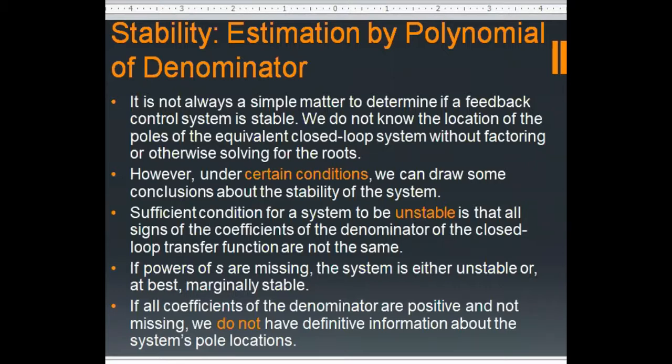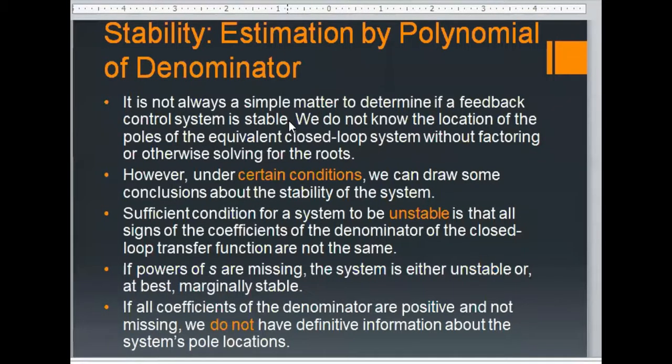You can actually estimate, not exactly, but somehow, the stability of the system by just looking at the polynomial of the denominator, without solving for the poles.